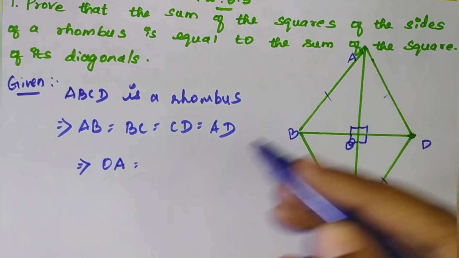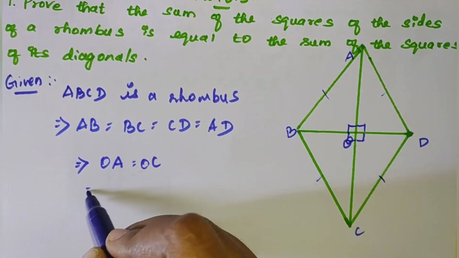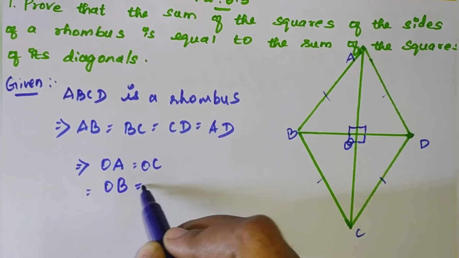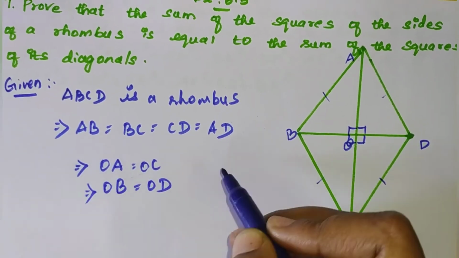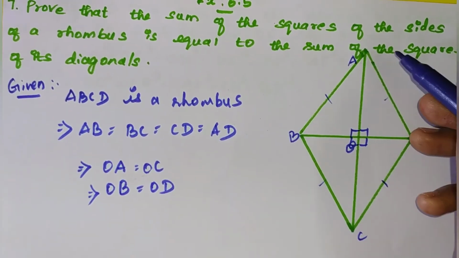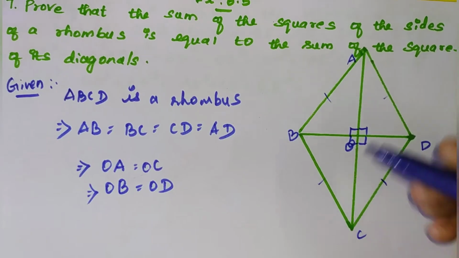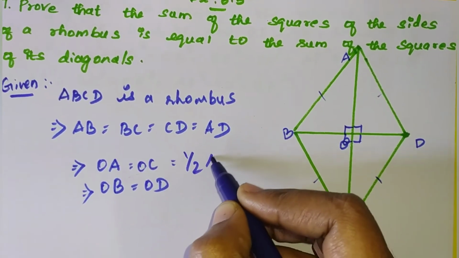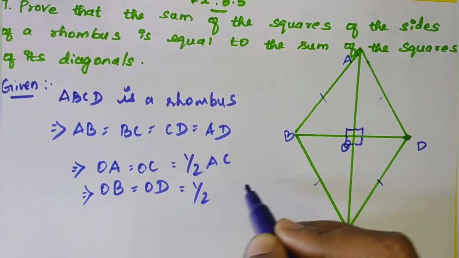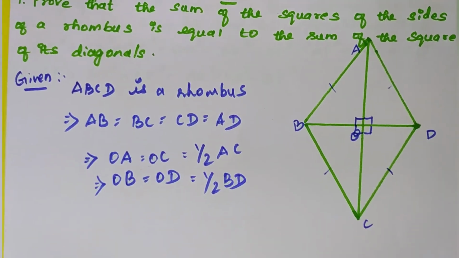So OA is equal to OC and OB is equal to OD. That also we know, it equally divides the diagonal AC. That is half of AC and this is half of BD.